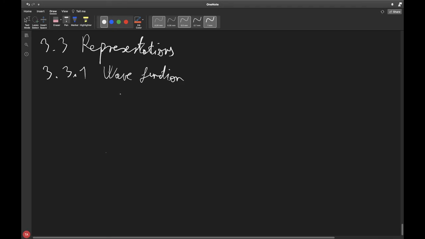So the wave function is a function, as the name says, and it's understood as the scalar product of the position vector and the state vector. So psi x is now a function, which is going to be the multiplication of two vectors, x and psi. Maybe here I should make a little bit of room.